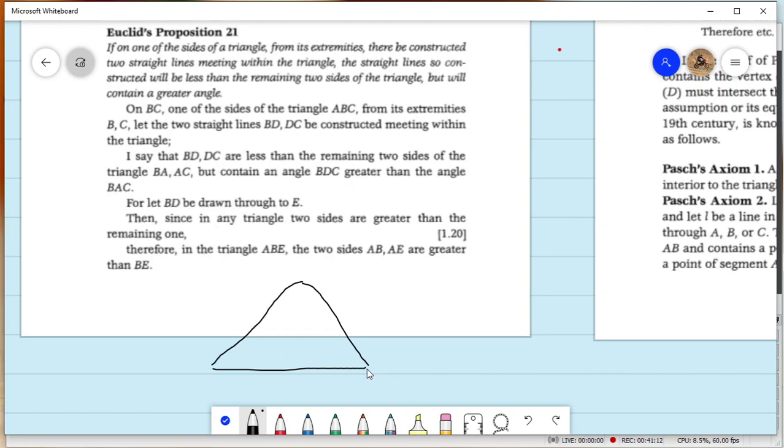If from the endpoints of this line segment, two line segments can be drawn that would meet at a point interior to the triangle, then this side plus this side would be less than this side plus this side.